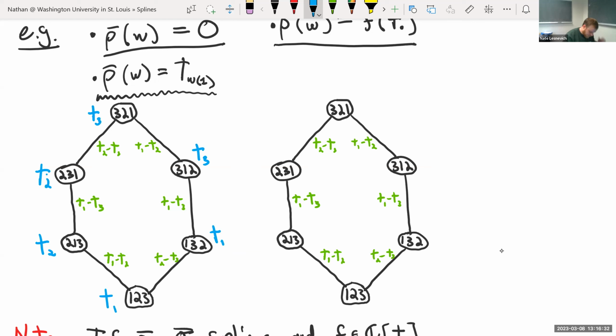That will also give us a spline. And I guess the quick way of seeing it is along an edge. This switches, I'll use a different color, I will highlight this right here. It switches the second and third index, right?